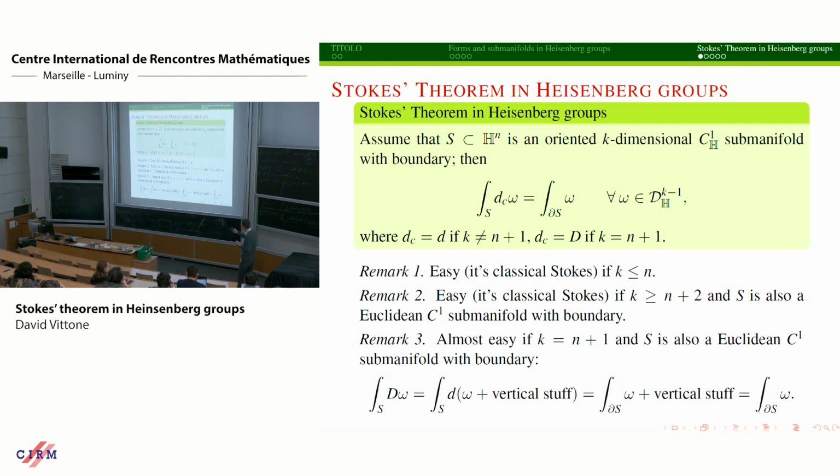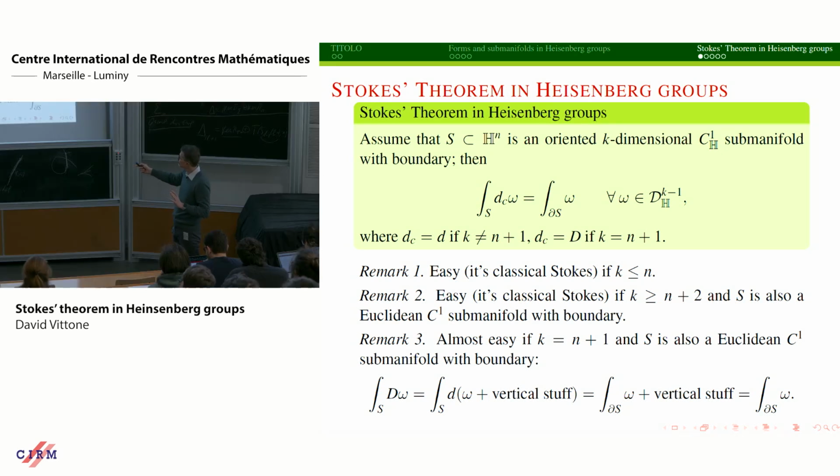So summarizing, this theorem is essentially classical Stokes in two cases. Either when we are considering the low dimensional case, or when we are considering the low codimension, the high dimensional case, k from n plus 1 on, and the submanifold S is also Euclidean C1, is also Euclidean regular.